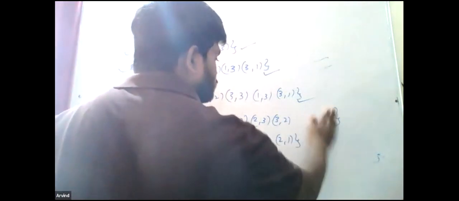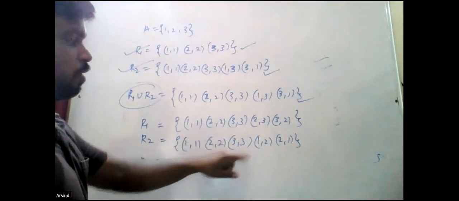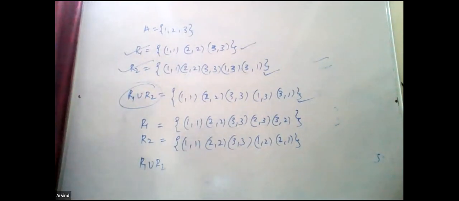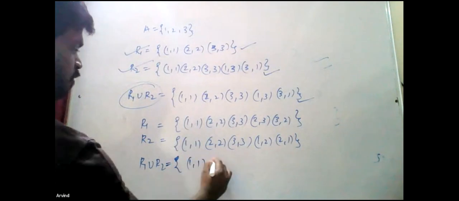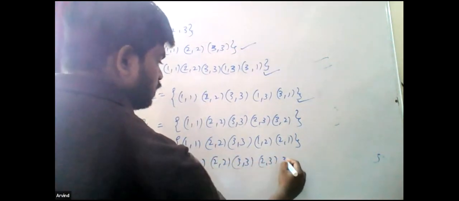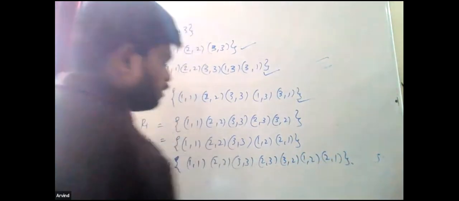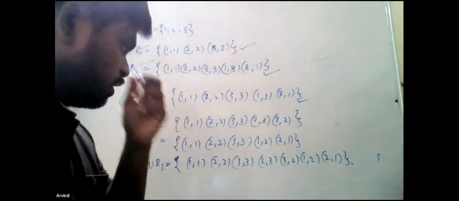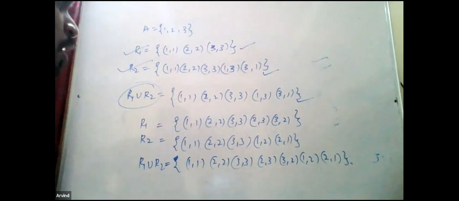Let's take the union. 1,1, 2,2, 3,3, 2,3, 3,2, 1,2, 2,1. Definitely, this union is not an equivalence relation.